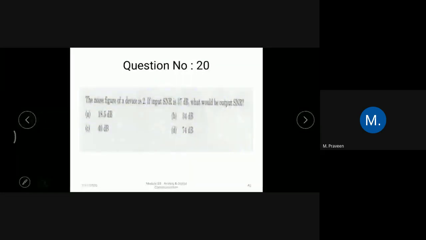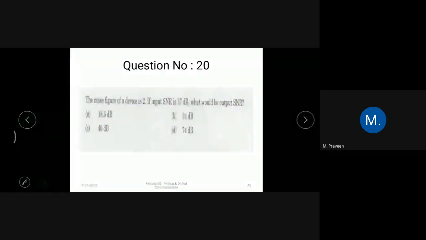But if I see the answers, none of the options is 74 dB. It means we have to check the questions thoroughly. One parameter is given in dB and the other in ordinary numbers. It's our duty to bring all the terms to the same unit.